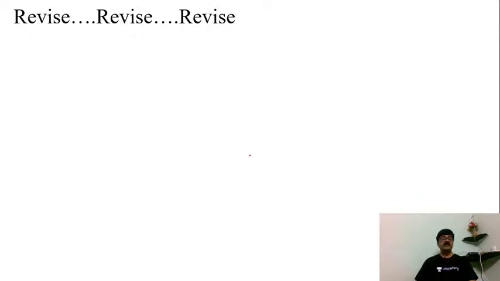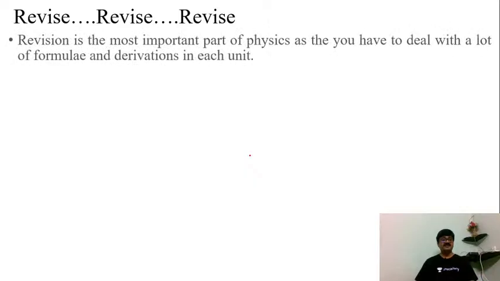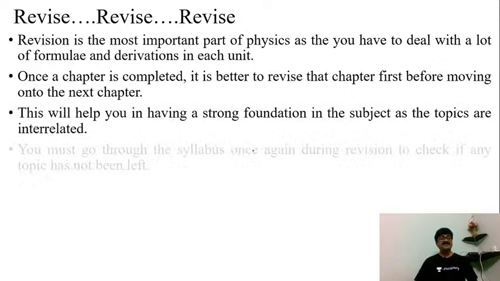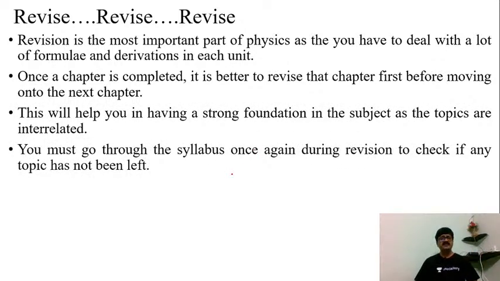Then I would say revise. Revision is a very important part of physics, so formulae, derivations, everything should be revised indefinitely. Once a chapter is completed, better revise it before moving on to the next chapter. This will definitely help you have a strong foundation.